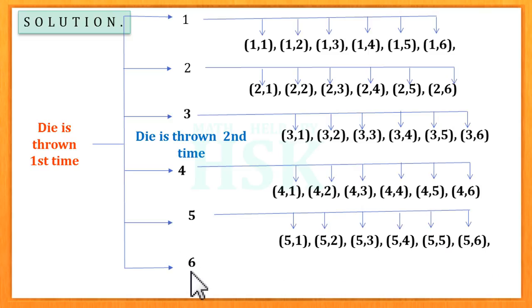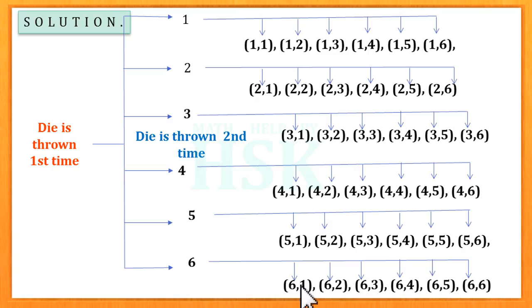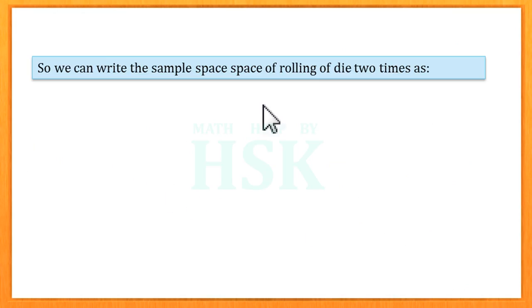Similarly, if the first throw results in 6, then we get 6 1, 6 2, 6 3, 6 4, 6 5, 6 6 as outcomes. In this way we can represent the sample space with a tree diagram. Combining all these outcomes we get the sample space S as shown.